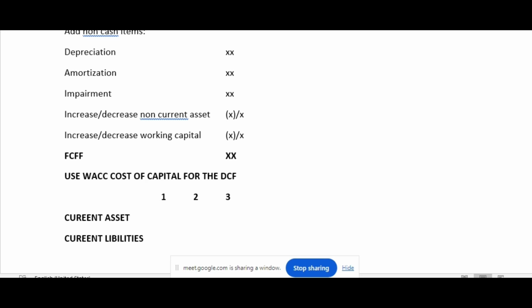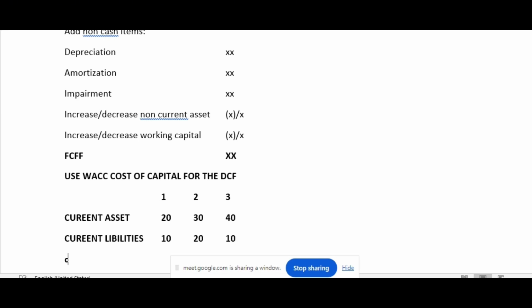If this is in the first year, this is like 20, this is like 30, this is like 40 naira, and this is like 10. This is like 20, and this is like 10.